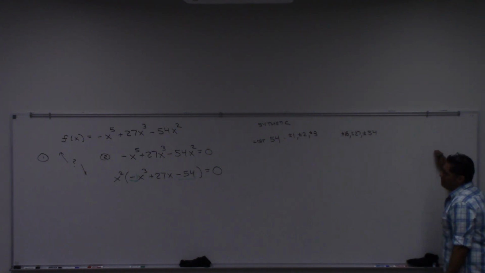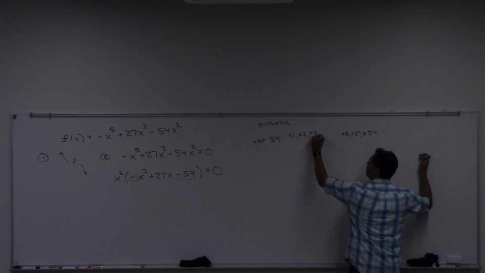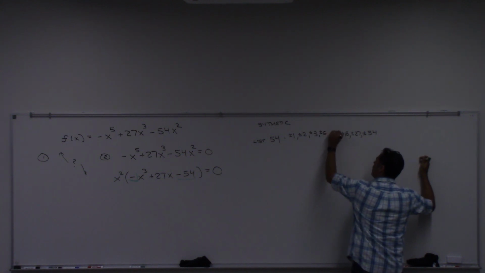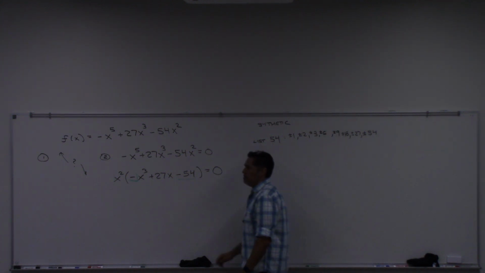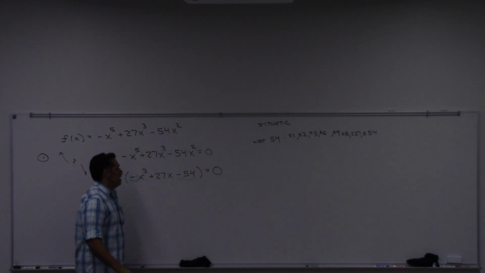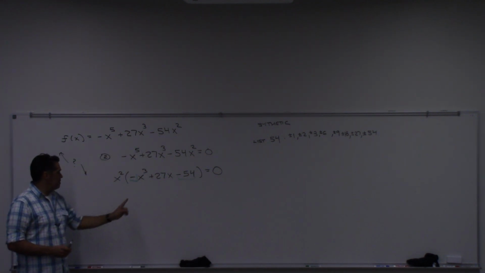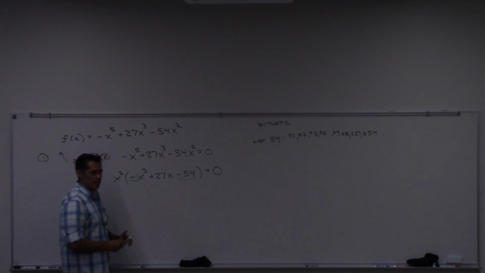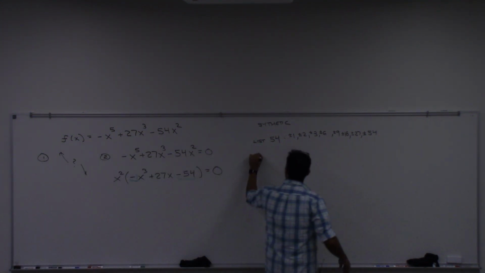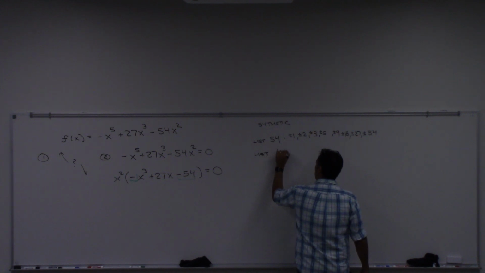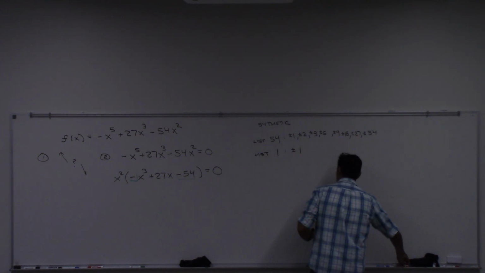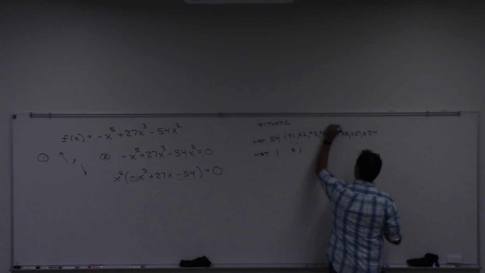No. 5? 6? 6 times 9. And I think that's it. 7 doesn't, 8 doesn't, 9 does. And are we happy about our other list? Yes, because it's just a 1. So our secondary list, all the factors of 1, are just plus or minus 1, which means ultimately this is my final list.